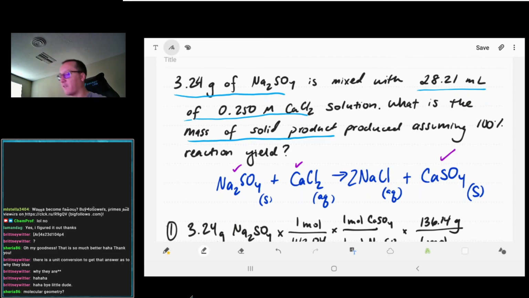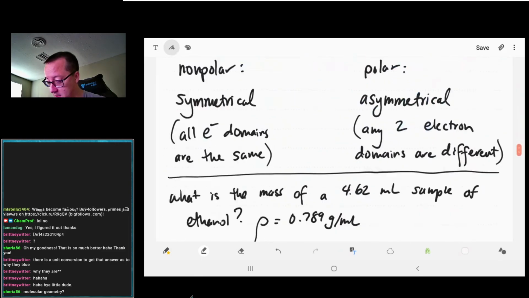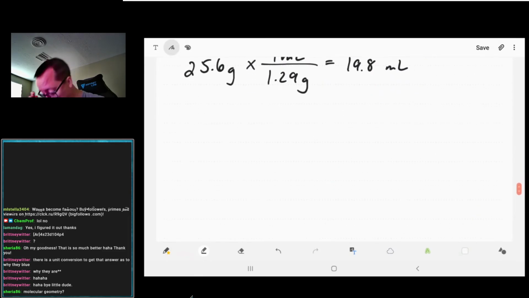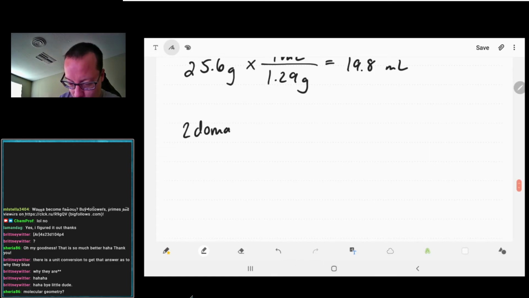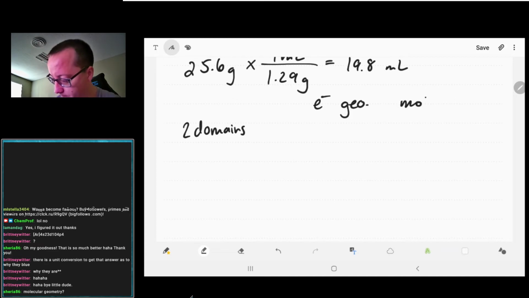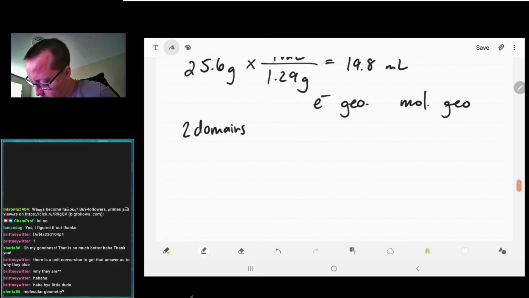Molecular geometry. Okay, finally something we can go over. Alrighty. Crash course in molecular geometry. Okay, let's do it. That's molecular geometry.